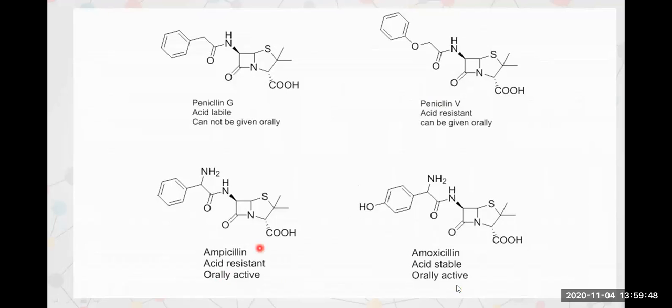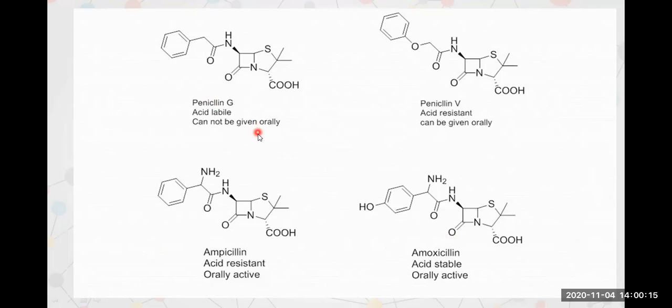Even ampicillin and amoxicillin have the NH2 group near the carbonyl, which is electron withdrawing, and so they make the compound acid stable or acid resistant. You can use any terminology, acid resistant or acid stable. Both indicate that the compound is stable in the acidic environment. So penicillin V, ampicillin, and amoxicillin are the acid stable compounds, while penicillin G is acid unstable.